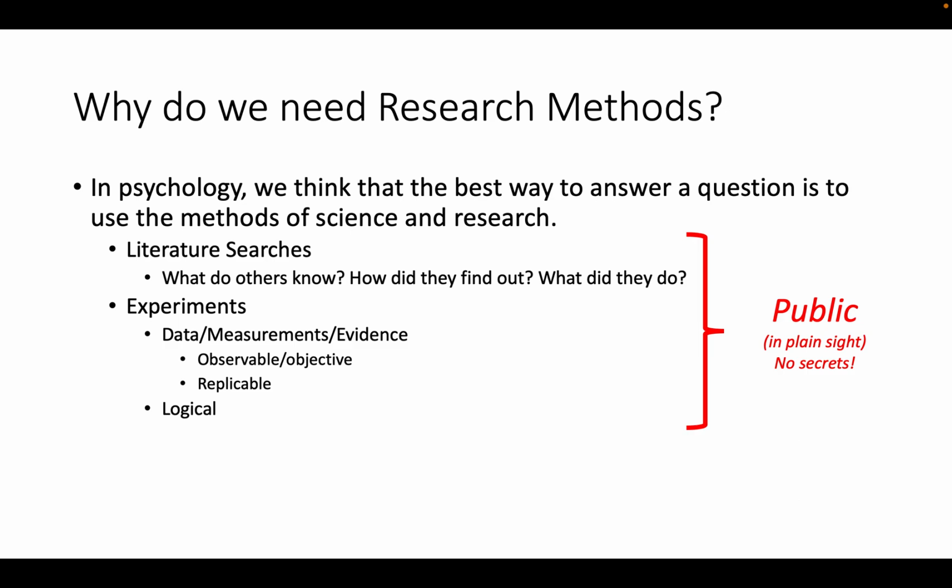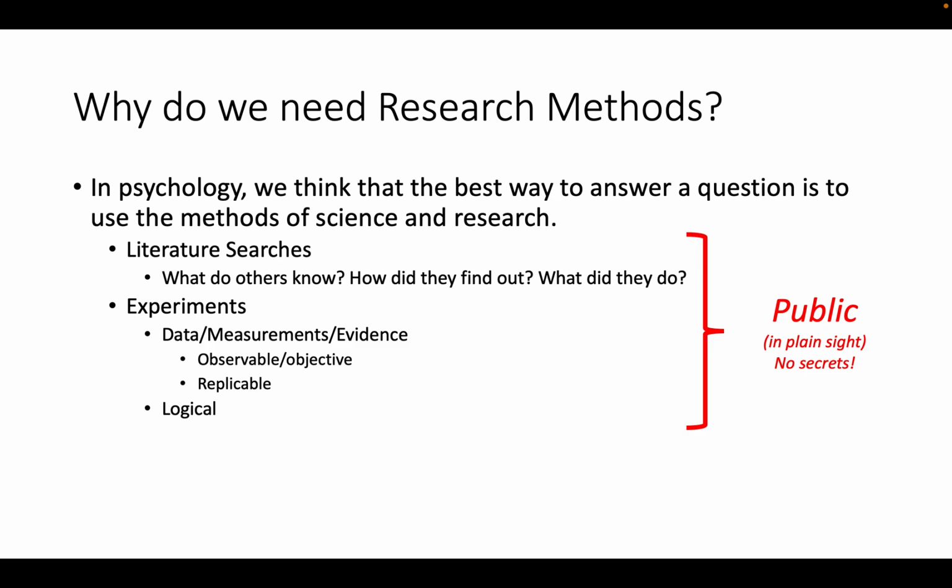And this course, Psych 216, is basically about how we look at literature, how we critically evaluate it, how we find out what other people have done, and then how we are going to design an experiment, how we are going to conduct an experiment, how we are going to logically link data to experimental questions. The question of experimental design and execution is the other aspect of the course that we're going to be talking about.